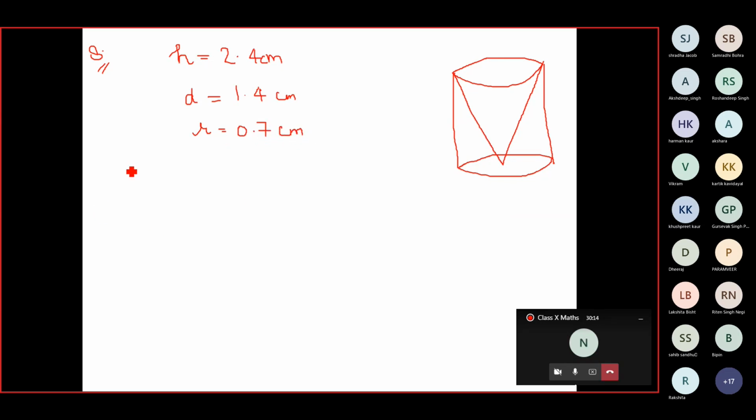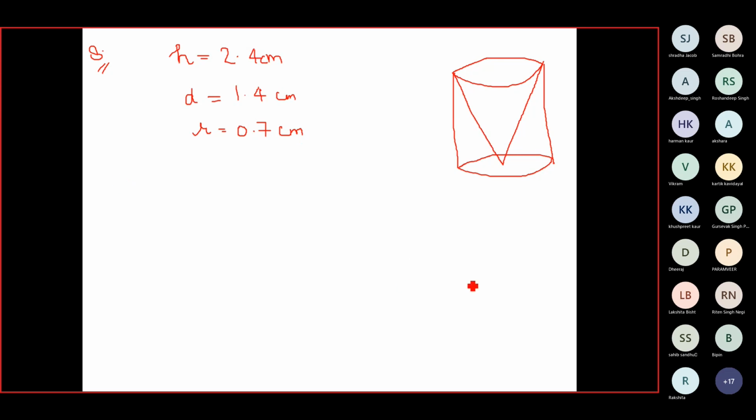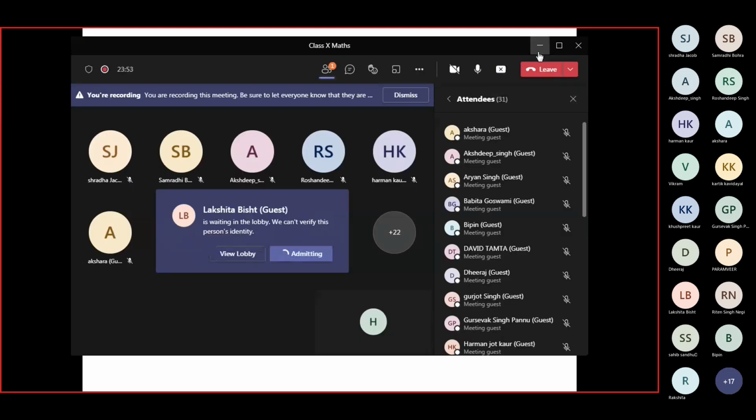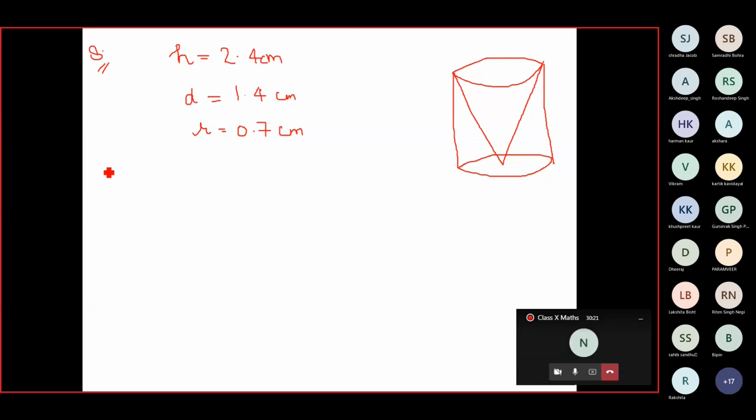Okay. Now what? See, we want to calculate the surface area of this shape. So surface area of the solid will be equal to, see, at first we have to apply the TSA of the cylinder.